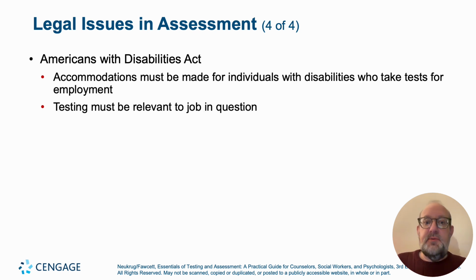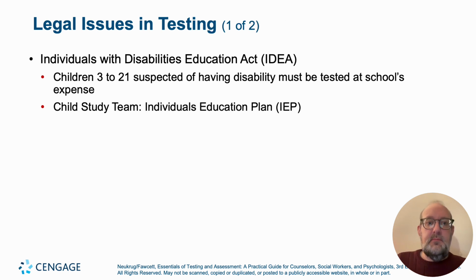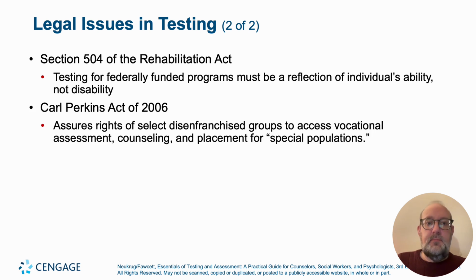We have the Americans with Disabilities Act. We have the Individuals with Disabilities Education Act. We have Section 504 of the Rehabilitation Act. We have the Carl Perkins Act of 2006.